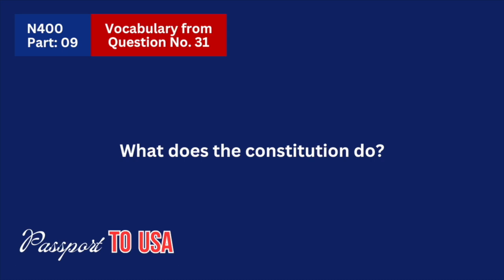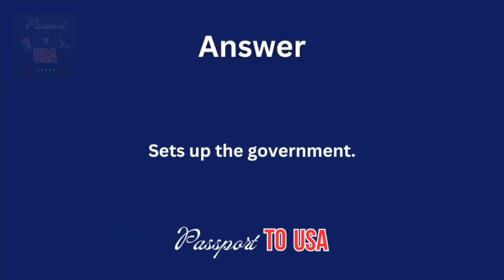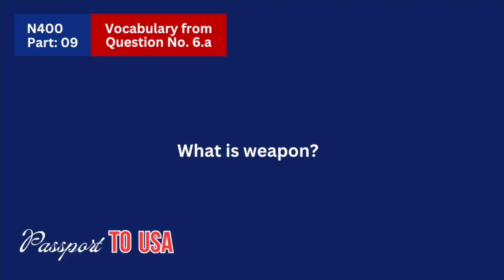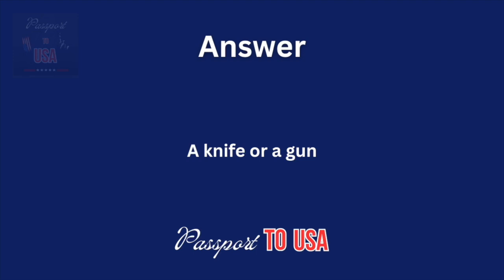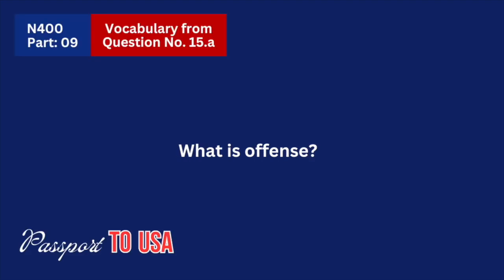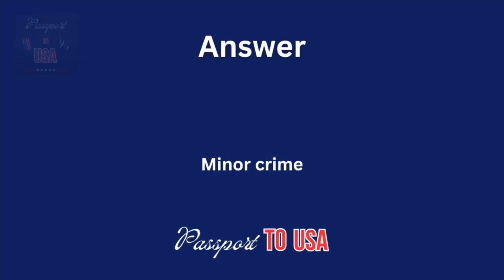What does the Constitution do? Sets up the government. What is weapon? A knife or a gun. What is offense? Minor crime.